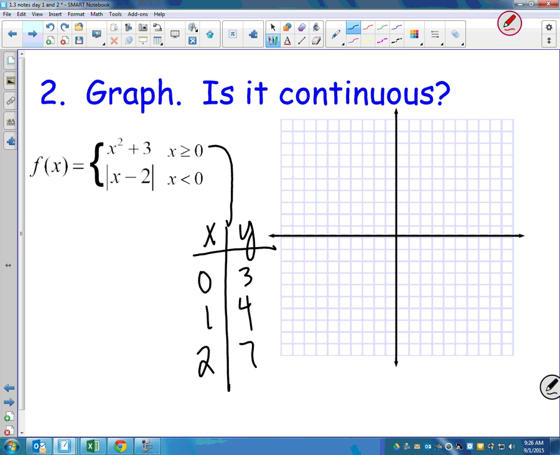It is included, so 0, 3 is going to get a solid circle. 1, 4, 2, 7. You know it should be a quadratic. You know it should be a parabola, so make sure that your graph is looking like that. I'm only getting half of the parabola, though, because this piecewise is telling me I don't get to graph the other half.